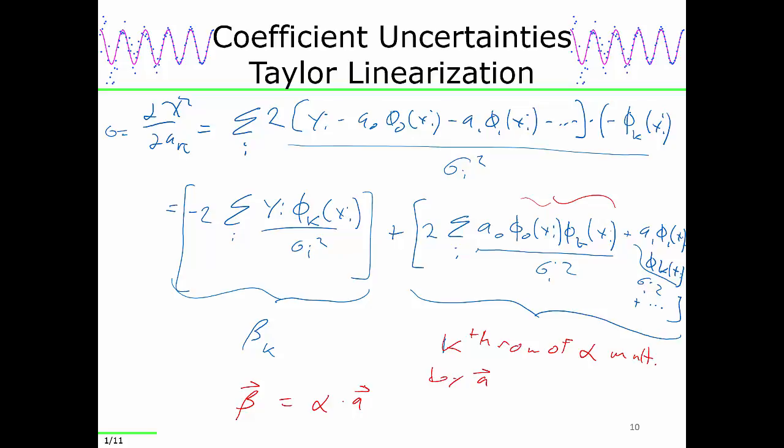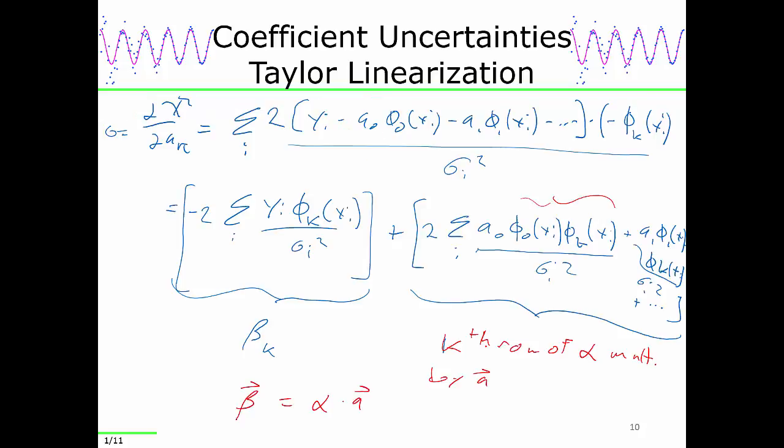Now let's take the second derivative of chi-squared with respect to a sub k and ask what happens. Here's the derivative with respect to a sub k. So I'll take the derivative of this again with respect to a sub k, and what do you get?